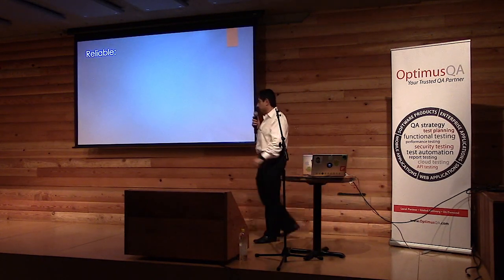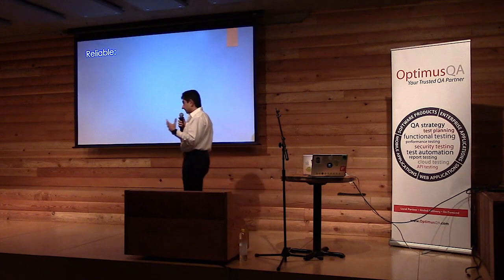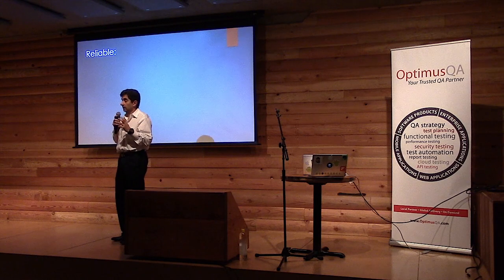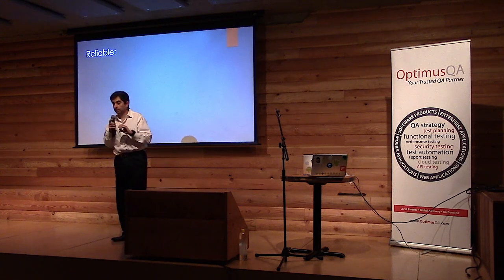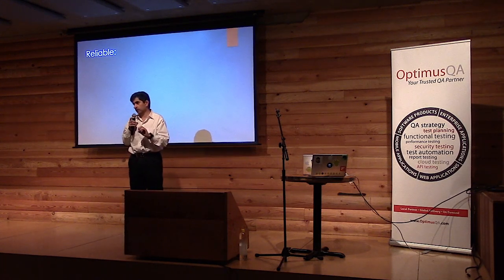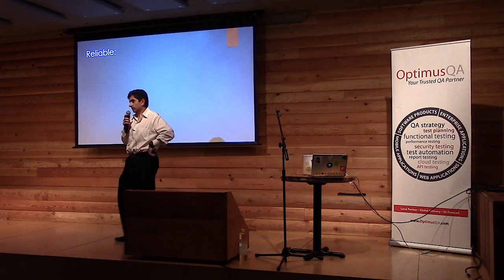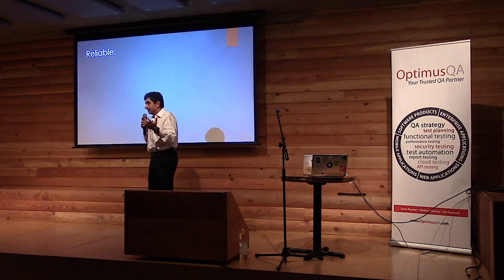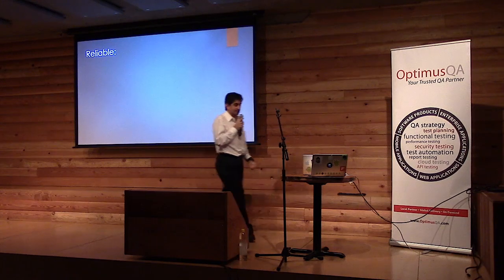Reliability. This is another factor that most people, when they start doing tests, do not consider. So how reliable do you think your test needs to be? Give me a number, a percentage. 80% reliable? 90%? Okay, let's see.